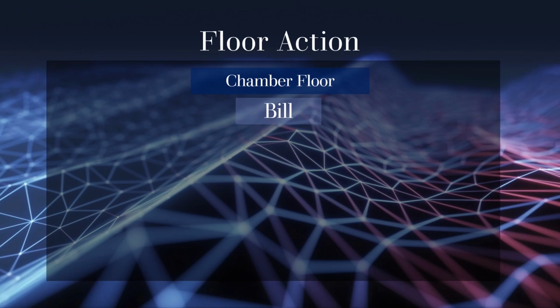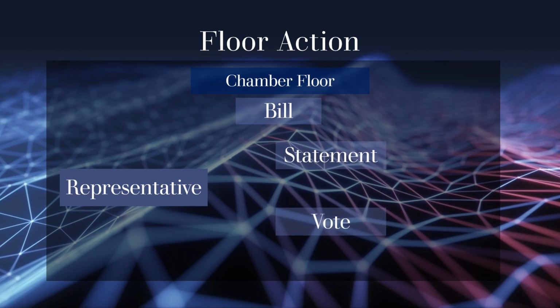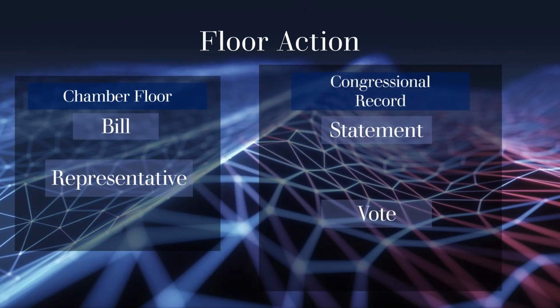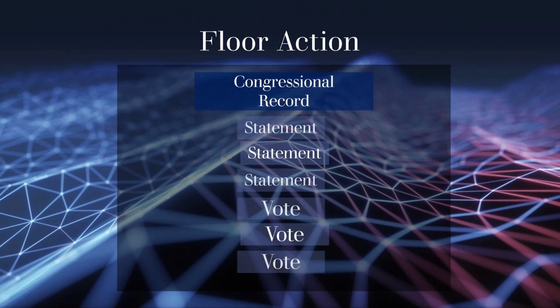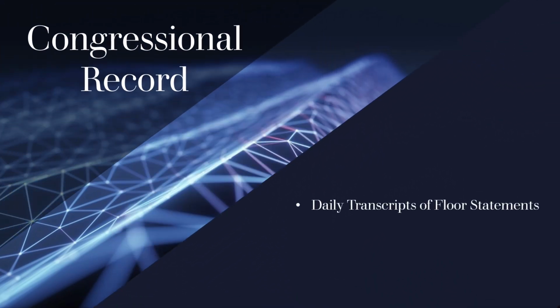Once the bill is advanced to the chamber floor, the rest of that house gets the opportunity to debate and amend it. Those debates and votes on amendments are reported in the congressional record. The congressional record has daily entries that transcribe statements made during floor debates, as well as records of votes made in the chambers.